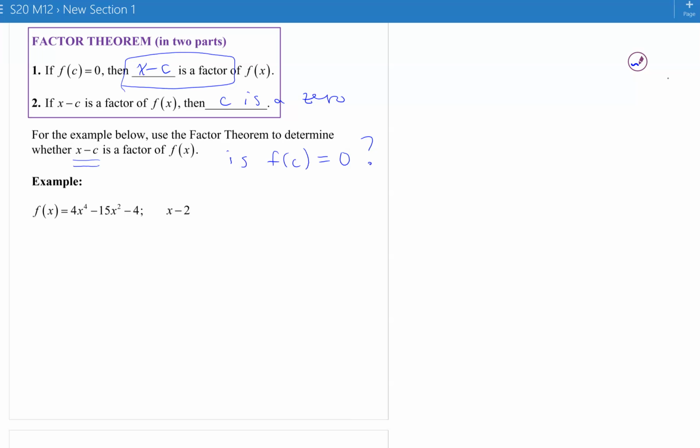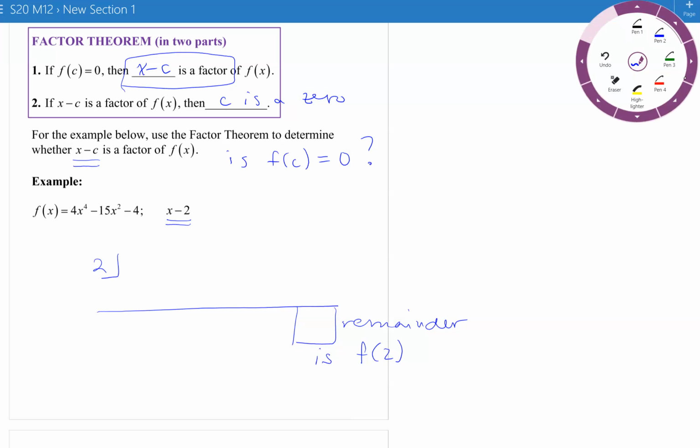Well, we figured out using the remainder theorem that if we do synthetic division, and if we have x minus 2 we're dividing by, and we put a 2 in the synthetic division, then the number we get here for the remainder is f of 2. And so if we get 0, we can conclude that x minus 2 is a factor.